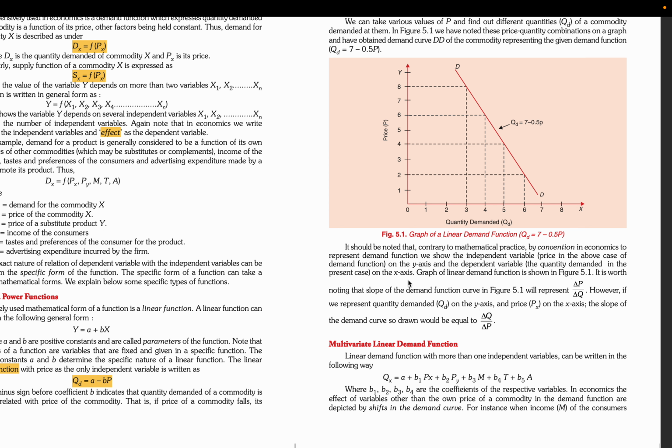So if you would know, in mathematics, you show the independent variable on the x-axis.